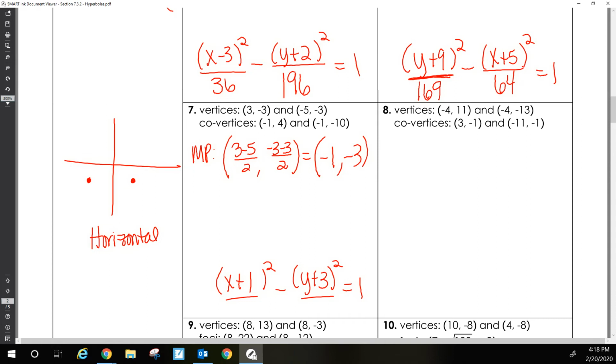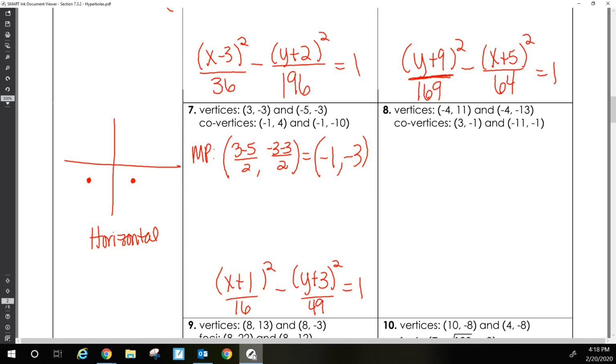What's the distance between my center and my vertex? Either one of these. They're 4 units away. 4 squared is going to be 16. And now what's the distance of the y's between my center and my co-vertices? So between -3 and -10 is 7. 7 squared is 49.